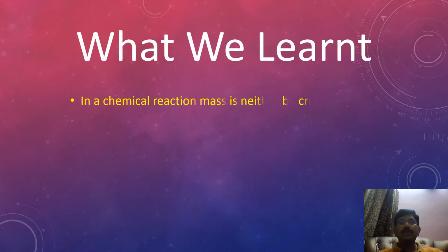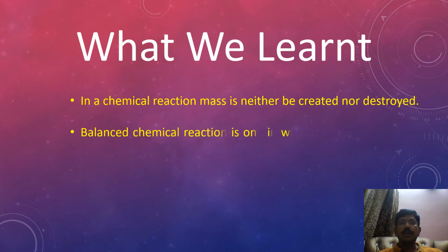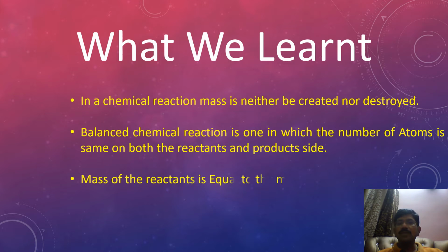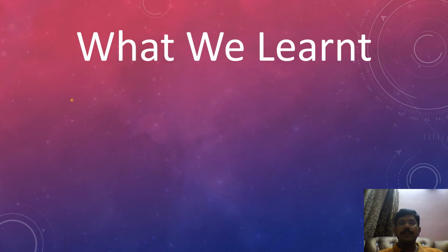Let us summarize what we learned in this session. In a chemical reaction, mass is neither created nor destroyed. This is nothing but the law of conservation of mass. A balanced chemical reaction is one in which the number of atoms is the same on both the reactant and product side.